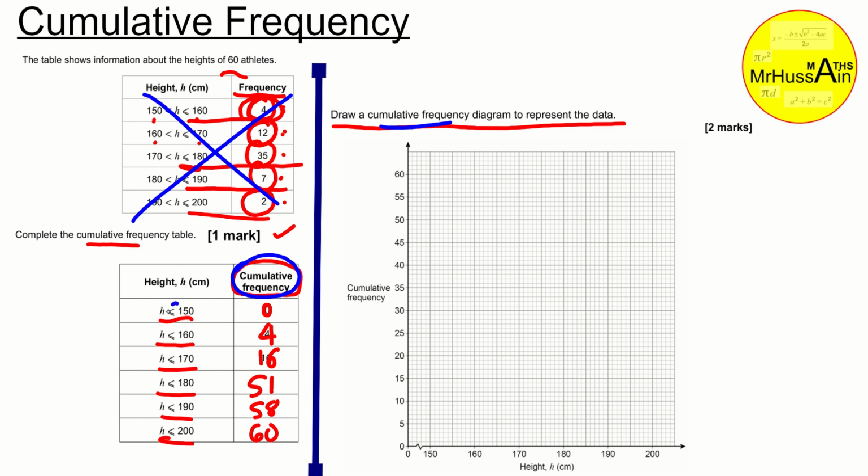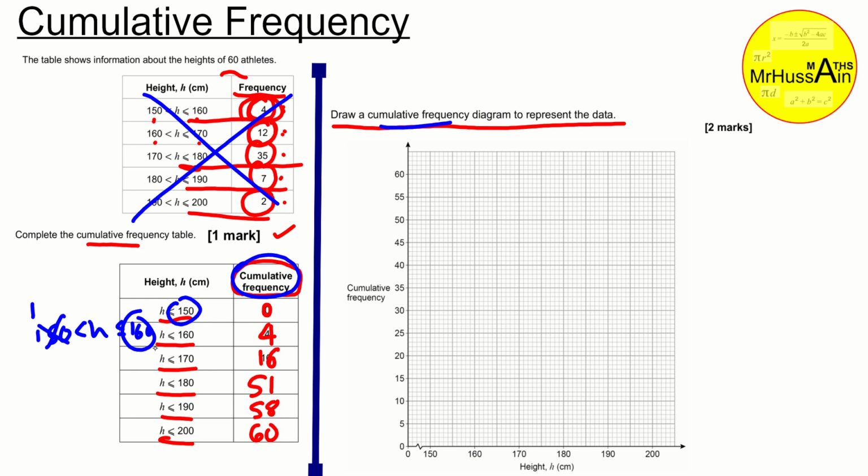Now here there's only 1 point, but if it had, for example, in this group, if it had 150, it's important you understand it's plotted against the upper point, not the lower point.